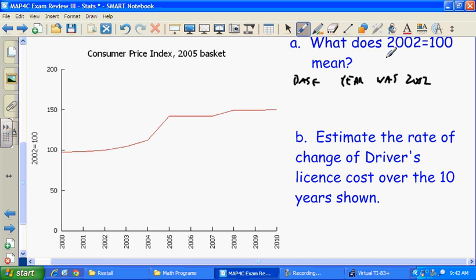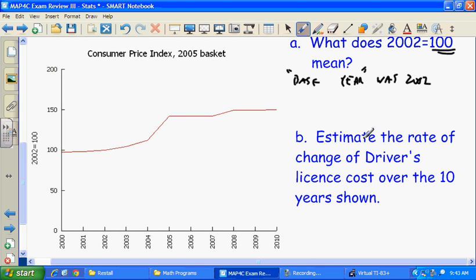So if it was maybe $50 in 2002, and if it goes up a few dollars, then they can figure out the percent change, and they compare back to 2002 being like 100 points or 100%. So the base year was 2002. So all the calculations are compared back to the price in 2002.